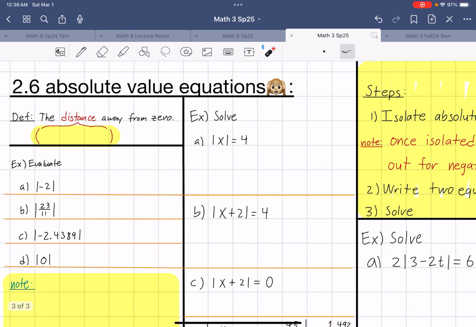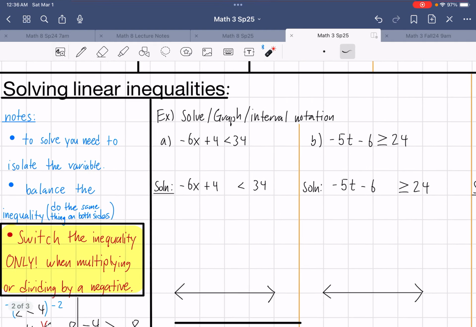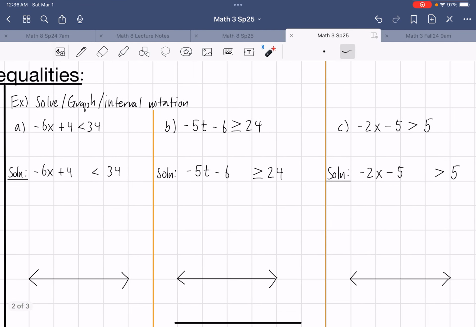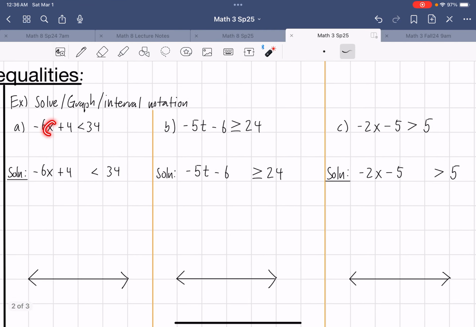My goal is to isolate for x. How am I going to do that? Well, I'm going to subtract 4 from both sides first. Why am I doing that? Because this is a positive 4, and the opposite of 4 is negative 4. And that's going to slowly help me isolate one side of the inequality, which then will allow me to isolate the variable.